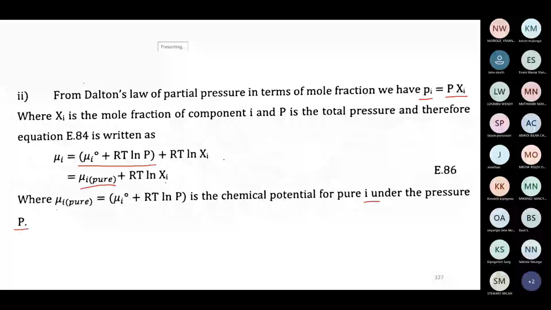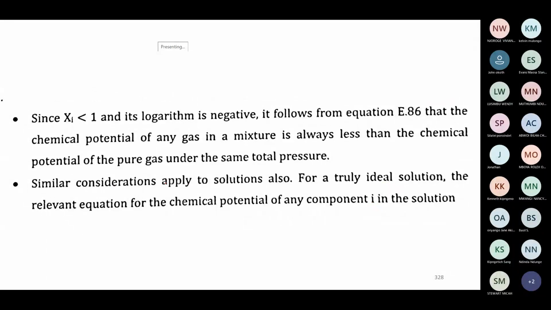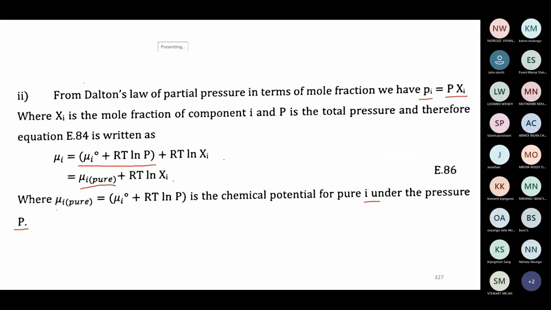It follows from that expression that the chemical potential of any gas in a mixture is always less than the chemical potential of the pure gas under the same total pressure. So for that case, since Xi is always less than 1, ln of Xi is going to be negative.